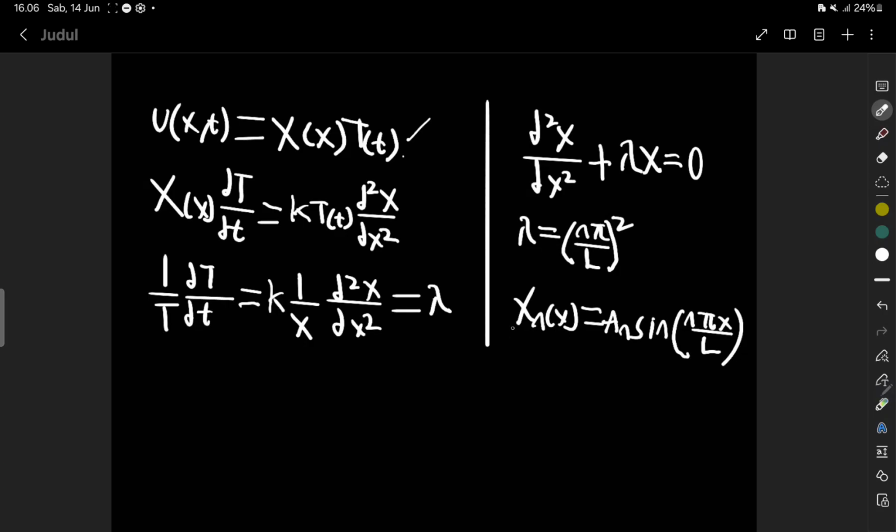So the boundary conditions become X(0) is 0 and X(L) is 0.